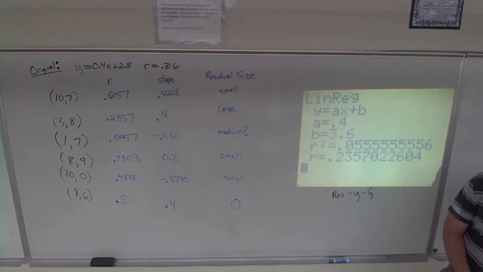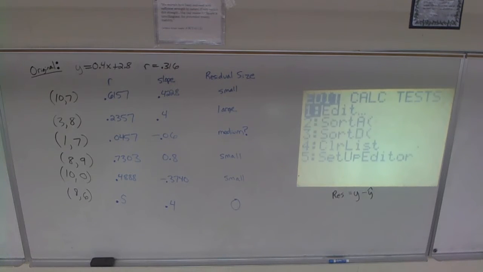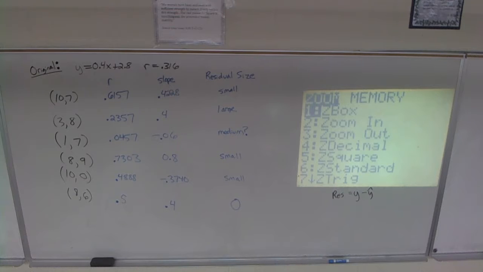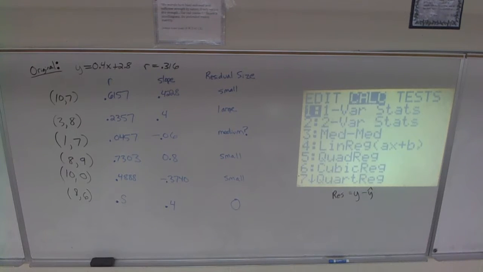Now you guys looked at some of these other ones. 3.8 supposedly has a large residual. Let's look at that one again. So I'm going to go back and investigate 3.8. Oh, I've got it in there already, so zoom 9. 3.8 has a large residual because here's the regression line. For 3.8, let me calculate it again.